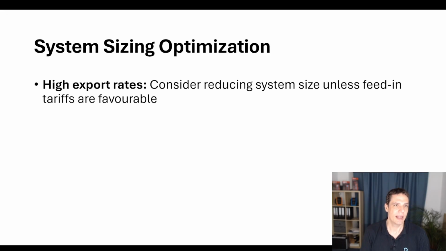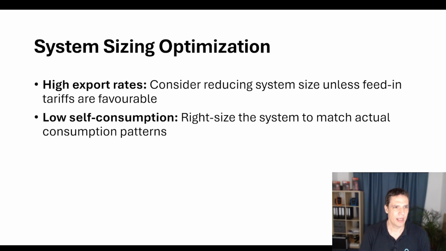But as I said earlier, export feed-in tariffs are not that great these days. If you've got low self-consumption, then you can consider right-sizing the system to match your actual consumption patterns. So you can consume more solar energy yourself directly during the day and use less from the grid.